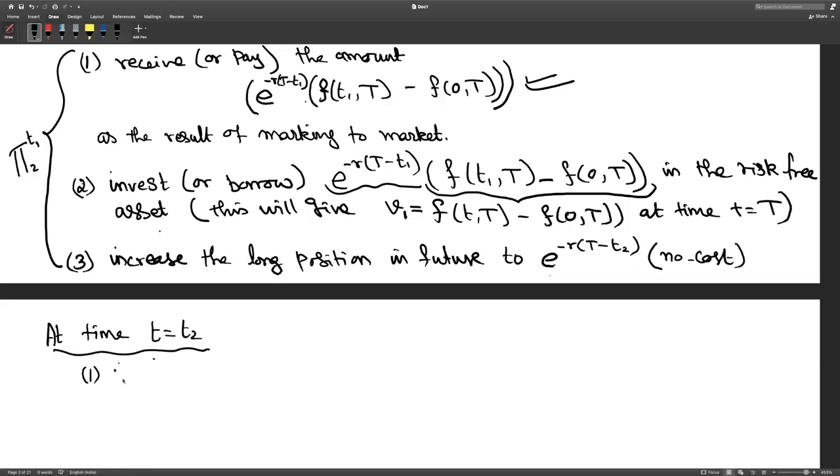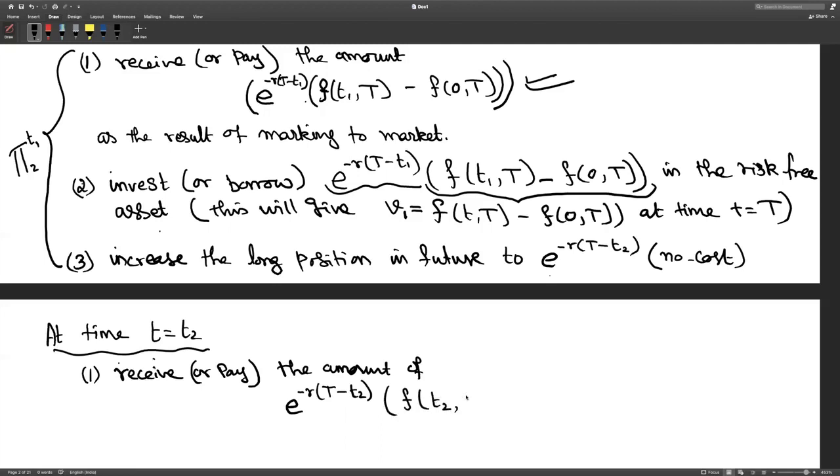You will receive or pay, depending on how your future price went between T1 and T2, the amount of e to the power of minus r (capital T minus T2), since now we have increased our position to that unit, times f(T2, T) minus f(T1, T).